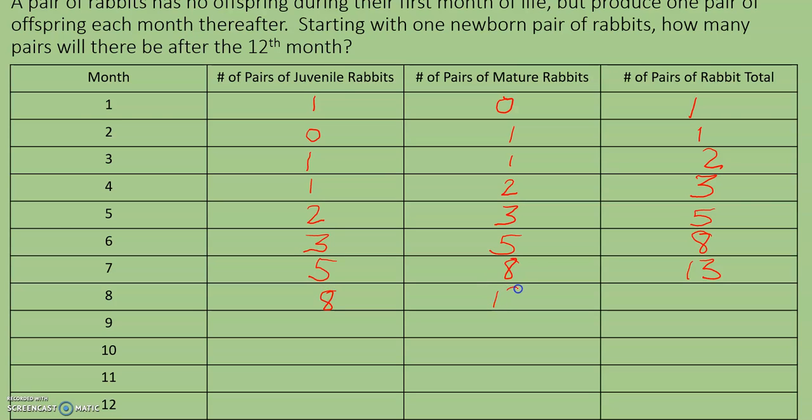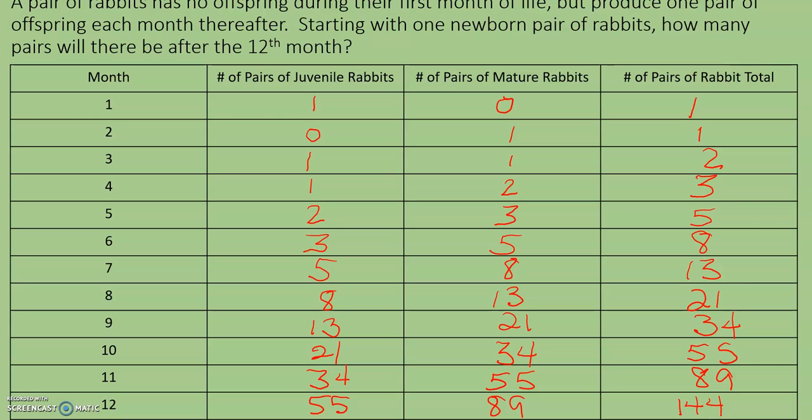We now have 13 pairs of mature rabbits, 21 pairs total. 13 pairs of juvenile, 21 pairs of mature, 34 pairs total. 21 pairs of juvenile, 34 pairs of mature, and 55 pairs total. 34 juvenile, 55 mature, 89 total. 55 juvenile, 89 mature, 144 total pairs of rabbits.